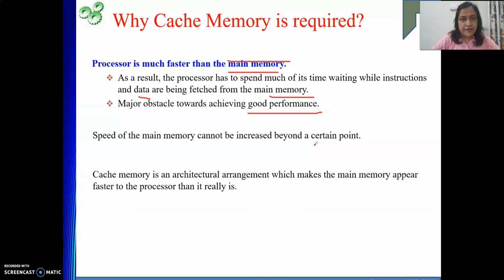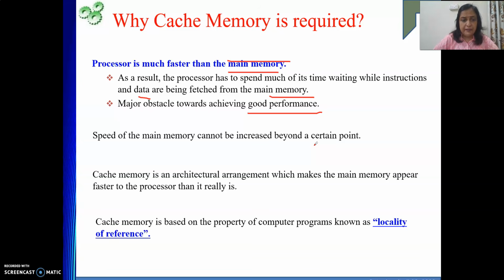The processor will generate addresses with respect to main memory, but if the instruction or data is present in cache memory, then we are going to refer to it from there only. So thereby we decrease the time to refer to data and instruction. So the processor will feel that it is connected to a faster main memory, right?